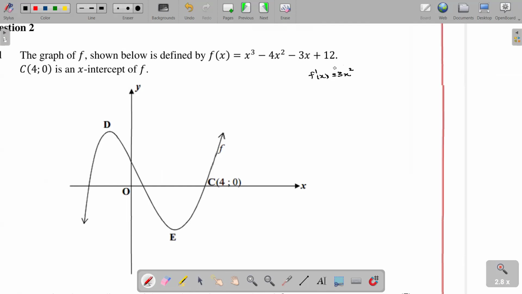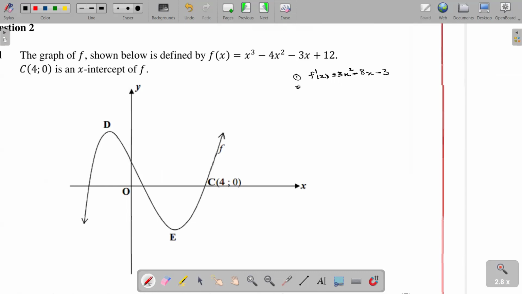So it's going to be minus 8, and when you subtract 1 on the power, it's going to be minus 8x. Then minus 3. Then the constant gives us 0.